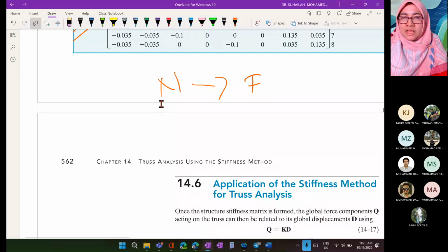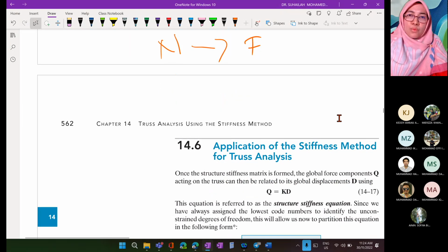And of course, the objective of using the stiffness method is to analyze. Analyze means we will determine displacement, reaction, and internal forces. One of the advantages of the stiffness method is we can get these three outputs using one method, which the flexibility method cannot.